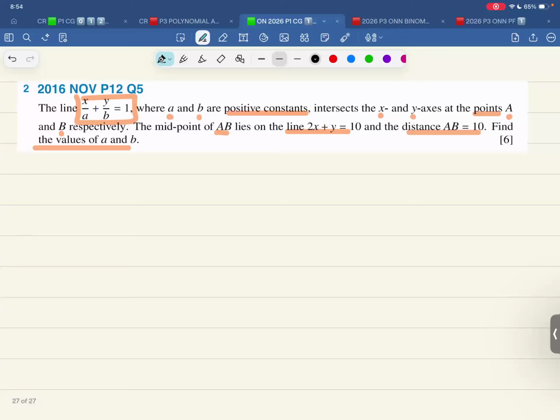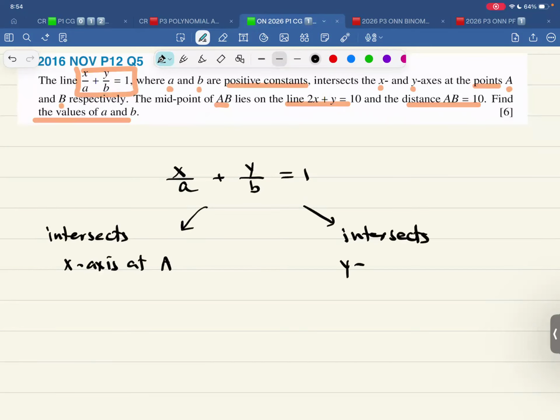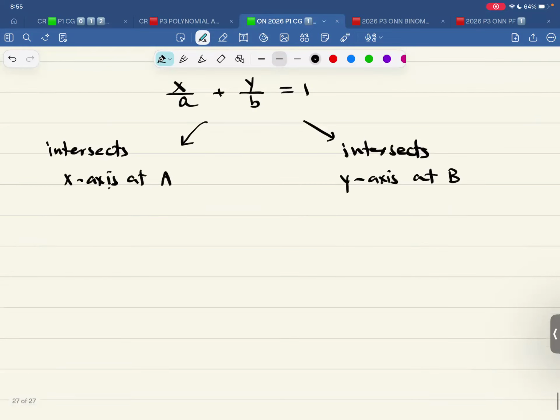Now let's get started. x over a plus y over b equals 1. It intersects the x-axis at A. It intersects the y-axis at B. When it intersects the x-axis, the y-coordinate is 0.